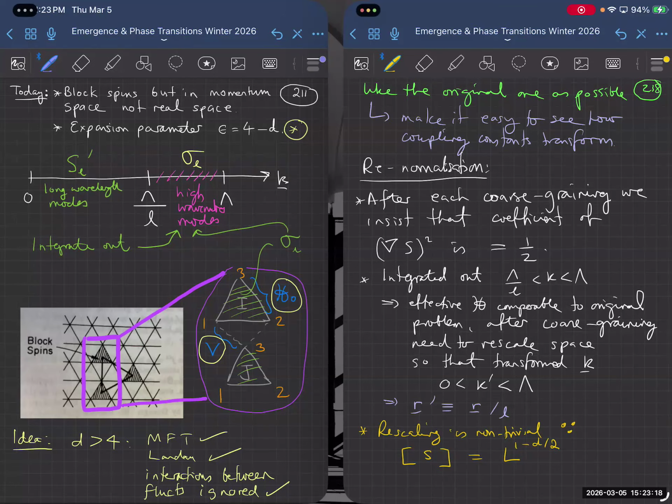So we've got two things happening. One is a transformation of scale, just because we've coarse grained and we want to get the original problem back to where it was, so we can then iterate the transformation. The other is that because the order parameter has non-trivial dimensionality, it changes. And the last thing is that the interactions between the degrees of freedom on small scales will also cause changes in the renormalization group recursion relations and introduce new terms.